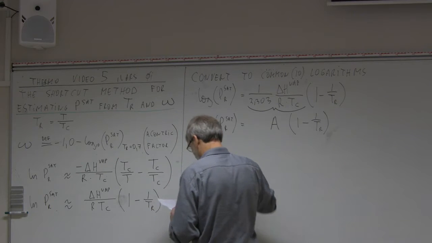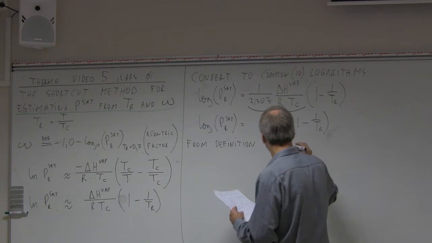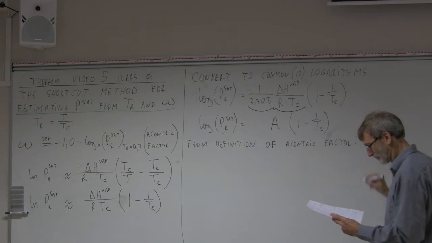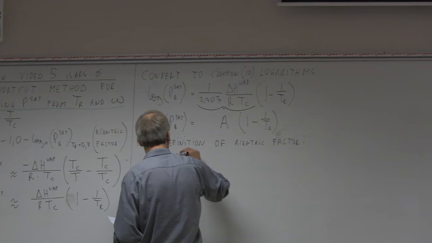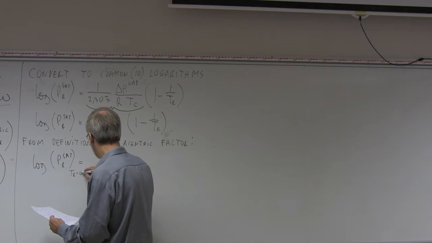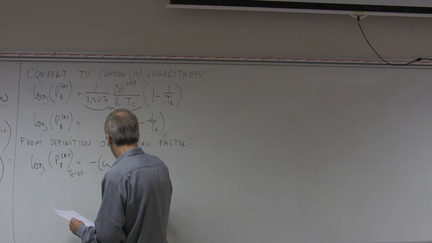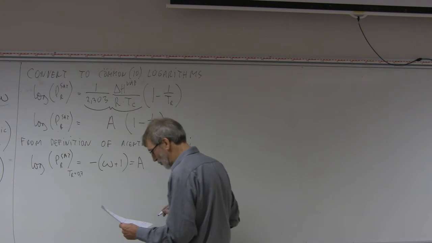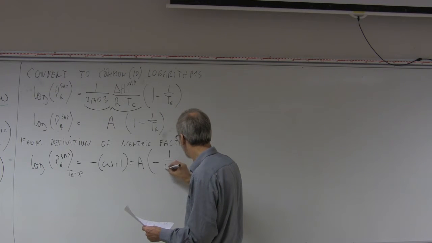Then, from the definition of the eccentric factor, the logarithm of PR sat at TR 0.7 is minus omega plus 1, and this should again be, with this one inserted, A times 1 minus 1 over 0.7.